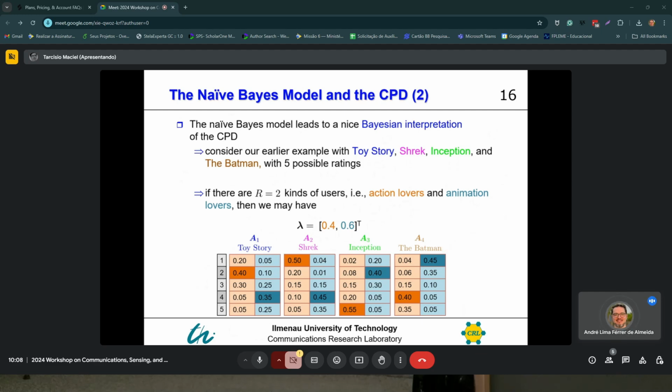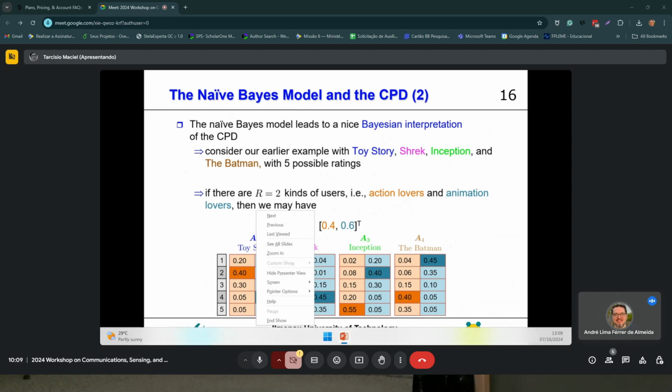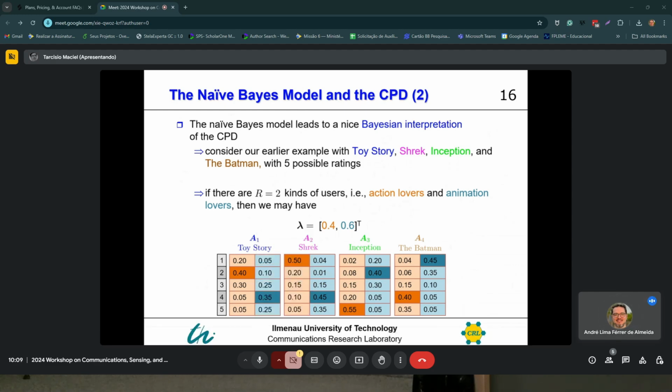And we can immediately see that the columns of the factor matrices provide the probabilities of the ratings, given that a user is drawn from the action or animation lovers population. Okay, and the action movies are actually Inception and the Batman. You can see the action movie lovers have higher ratings for these.